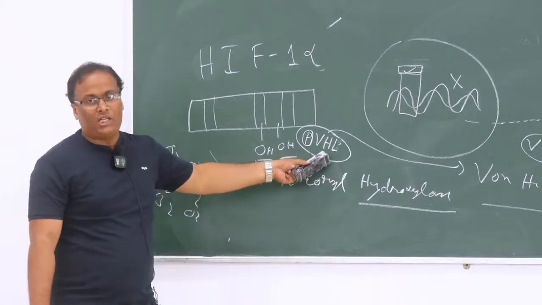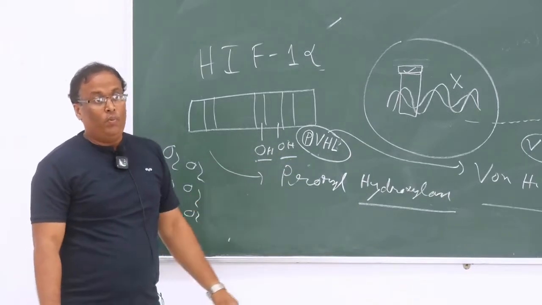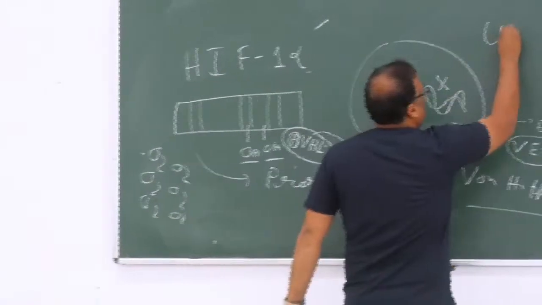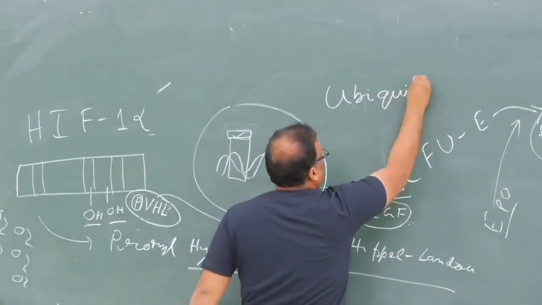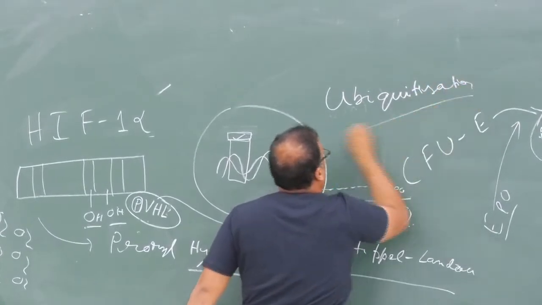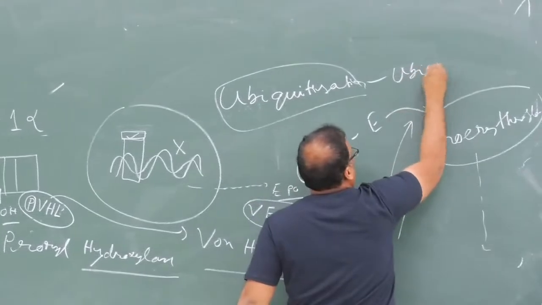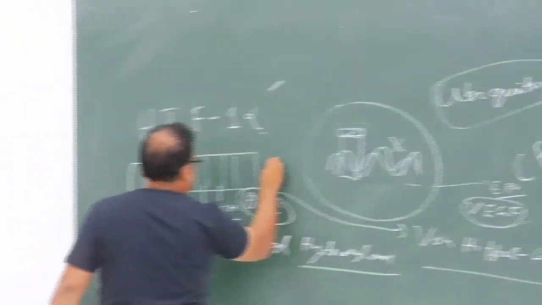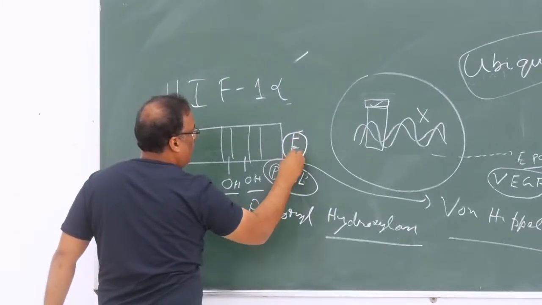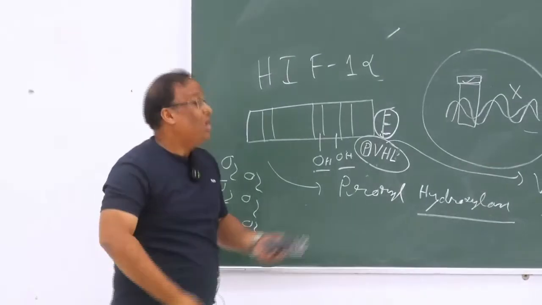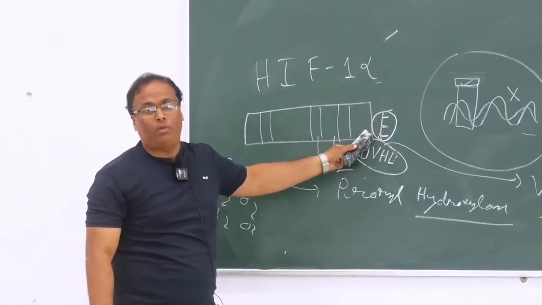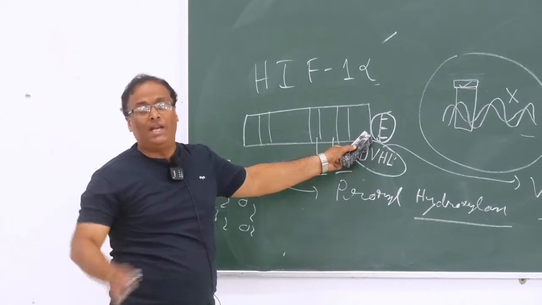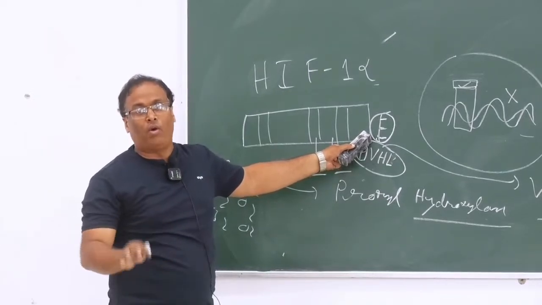Now, this protein attachment is required for ubiquitination. The name is a bit new, it can't be understood without biochemistry. Ubiquitination, or you can say a molecule will attach here, that is called the ubiquitin molecule, which will be attached after the attachment of the von Hippel-Lindau protein with the hydroxylated hypoxia inducible factor 1 alpha.